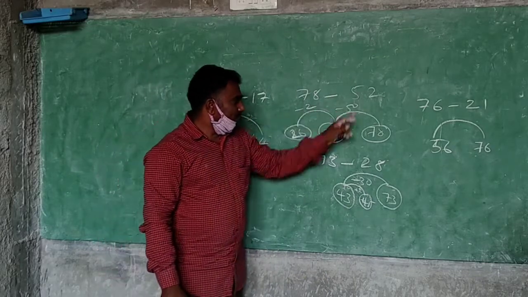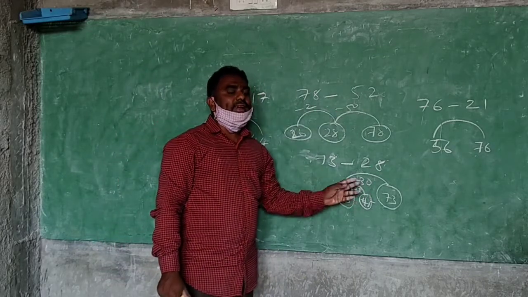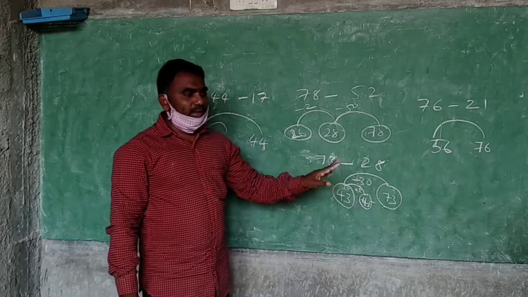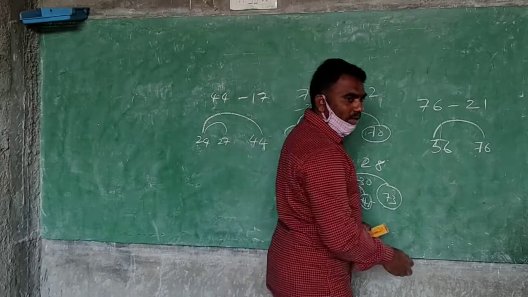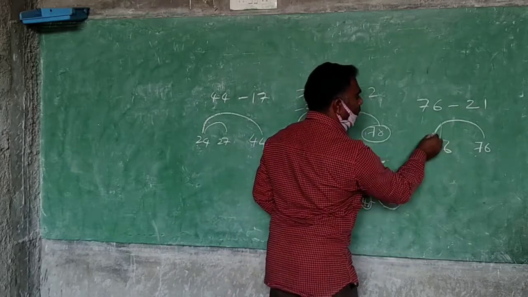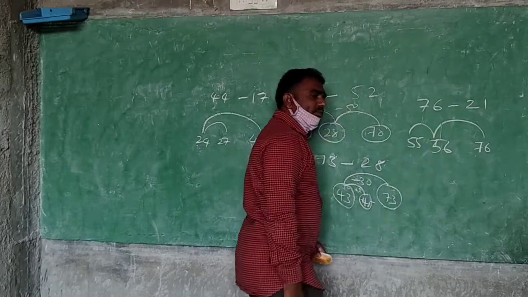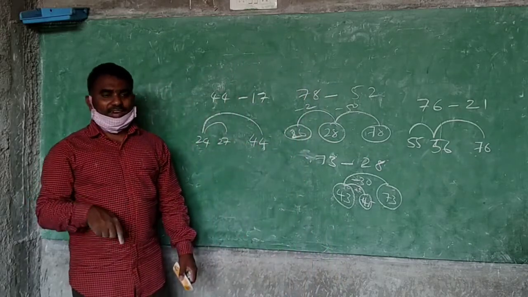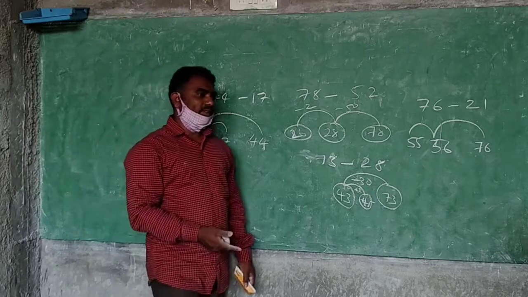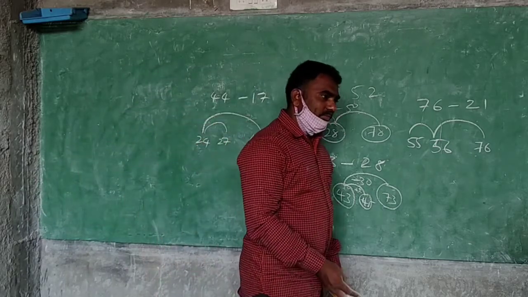Here 28 means 30 taken. Extra taken means reverse you come. Extra did not take, no. That's why where will come? Back only will go. Okay? So now what will come? 1 only back. 1 only back means what it is? 55. Okay? Then remember that carefully. Always not like that. Extra taken means reverse. Extra not taken means same.